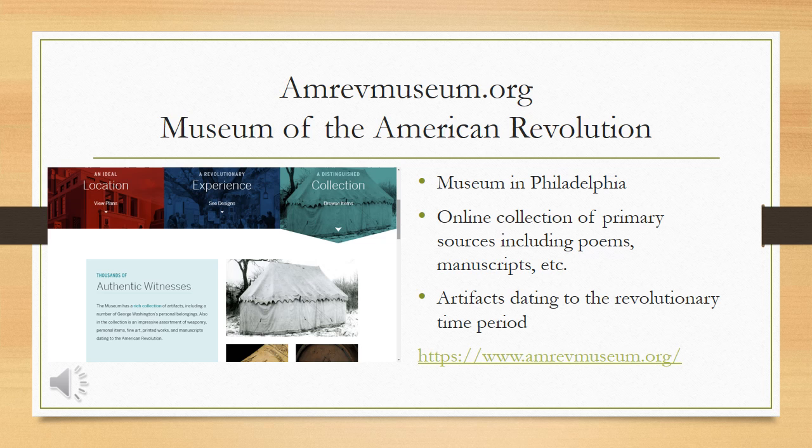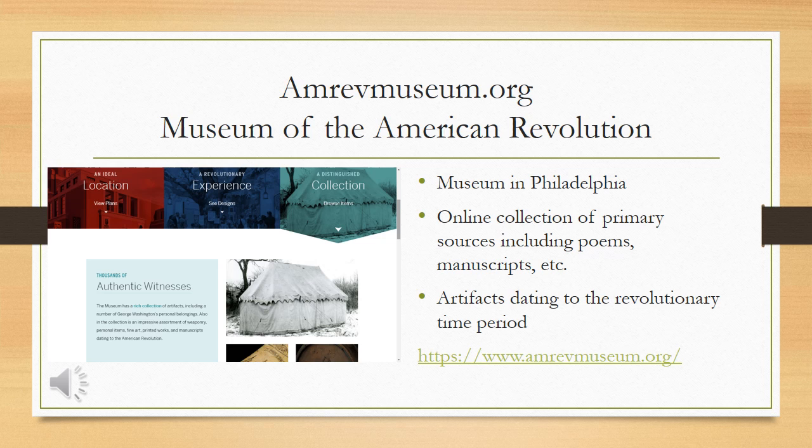The final resource for our discussion of primary sources comes from the Museum of the American Revolution. The Museum of the American Revolution is being built in Philadelphia and has an opening date in the year 2017. However, they do have a wide variety of their collection posted online already.